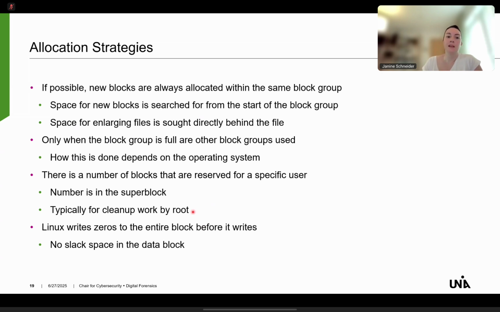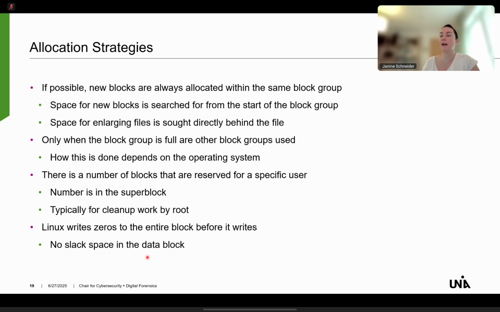Another interesting thing is that Linux writes zeros to the entire block before it writes content to a block. So this means for us that there is no slack space in data blocks.